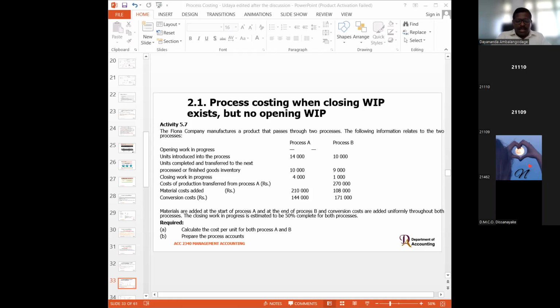Then you get the total equivalent units, and you get the cost per unit.